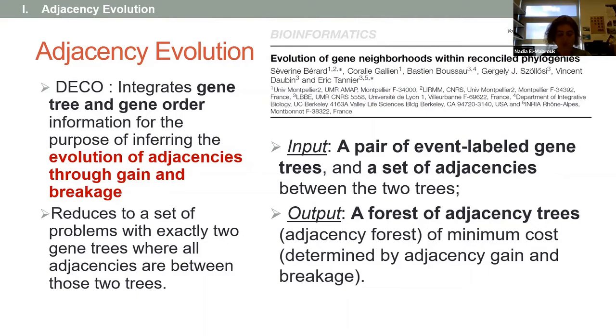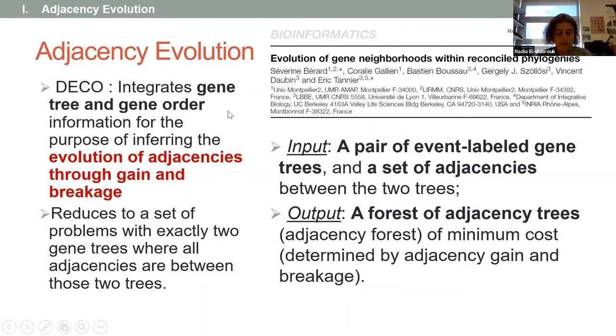Okay, so actually this is the goal of the DECO set of algorithms. Well, actually there are a few algorithms using this methodology. So these are the algorithms by Séverine Bérard, Eric Tannier, so teams from Montpellier and Lyon in France.